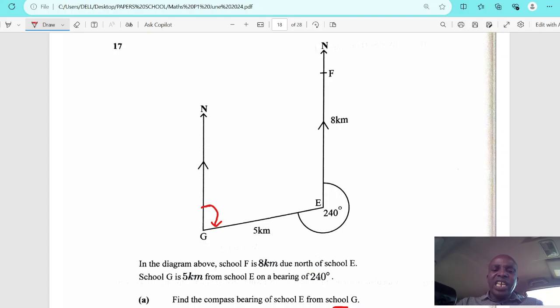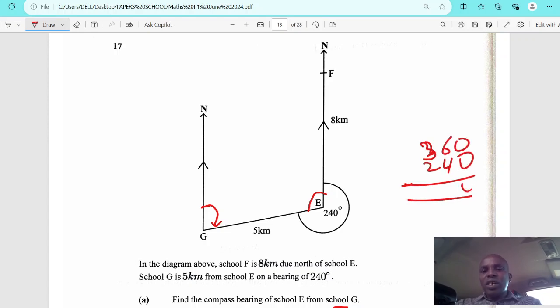Right? How do you find this angle? It's easy. You can find this angle GEF first. You say 360 minus 240, which is 120. So this angle is 120. Then this angle at G and angle at E are called co-interior angles. They are supplementary. Co-interior angles on parallel lines are supplementary.